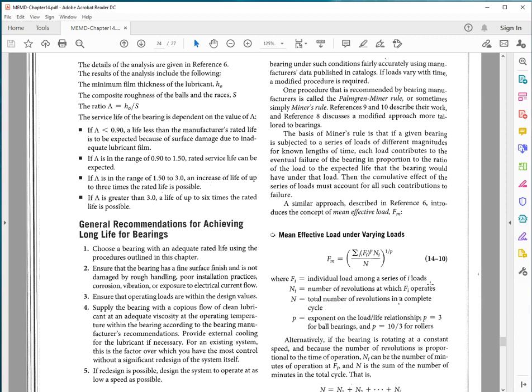So say you monitor how many minutes out of one hour of use of the automobile you drive it in a city and then on a highway. So what is the RPM and number of minutes of operation, which allows you to calculate the number of revolutions at each of the loads Fi.